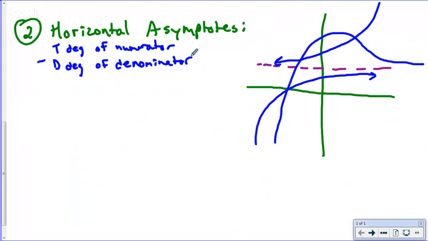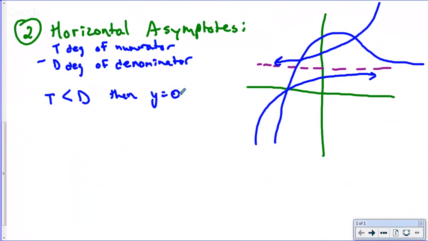If the degree of the numerator is less than the degree of the denominator, then y equals 0 is your horizontal asymptote.